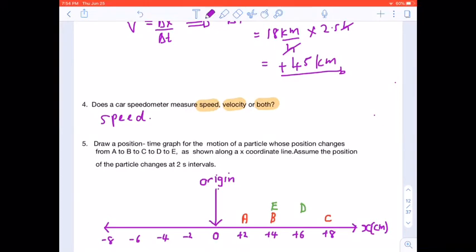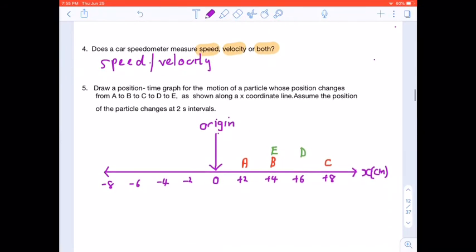Now we're having more sophisticated cars with a lot of electronics. We find that it's possible for them to measure speed and indicate the direction of travel. So you can have them measuring speed as well as velocity.